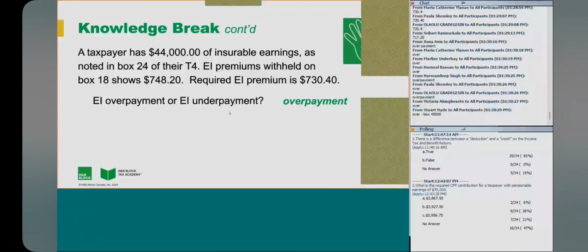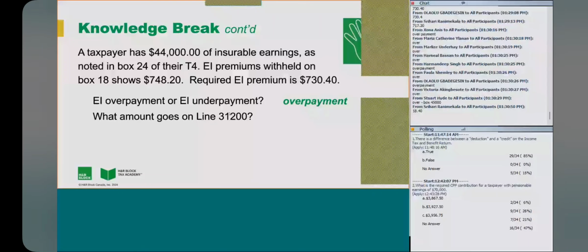All right. So, first of all, what amount goes on line 31200? Remember, 31200 is the non-refundable tax credit.